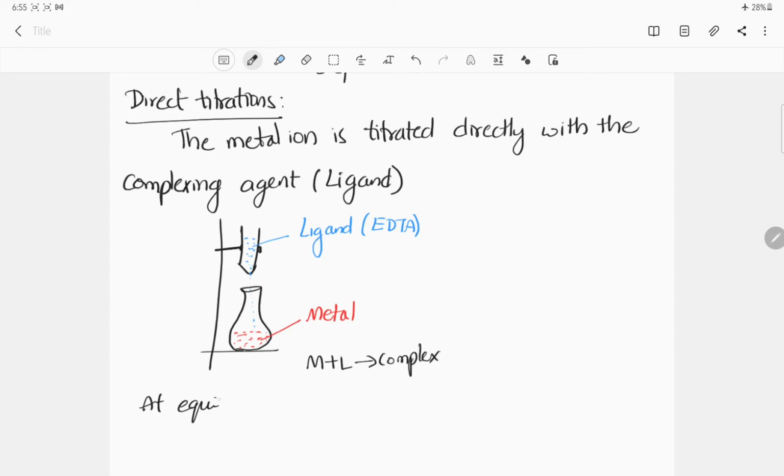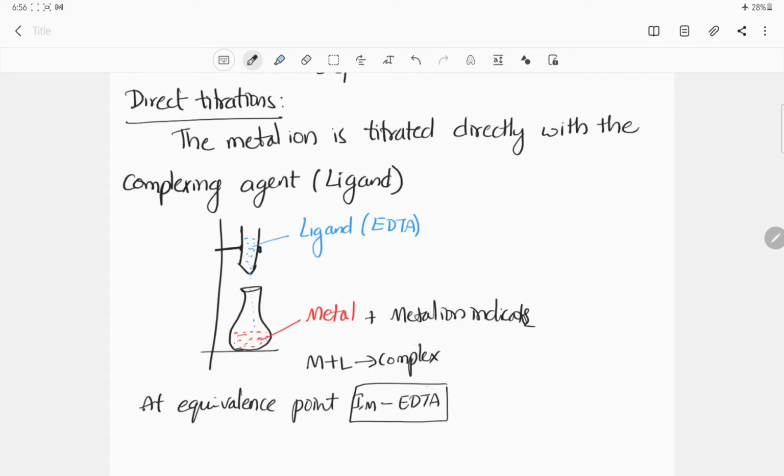At equivalence point means at the end point. The metal ion indicator which we are adding here will react with EDTA.